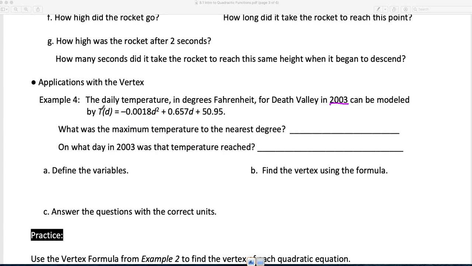Okay, so we've got a big T that's going to be temperature. We've got a little d that's going to be days. We're inputting the d's to get the output of temperature. So our independent variable is going to be D, and it represents the number of days.